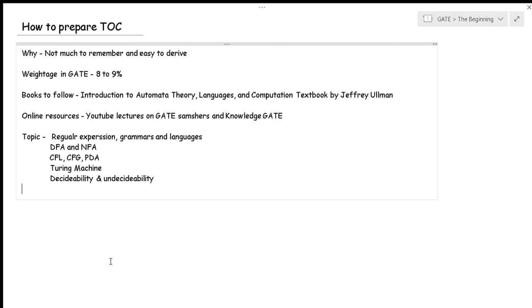But if you are not that sure about your understanding, or if you are not able to apply it correctly all the time, then also you will be able to answer the question 80% of the time. So I will convey that idea to you also. Now for decidability and undecidability, this is the table which you can refer.